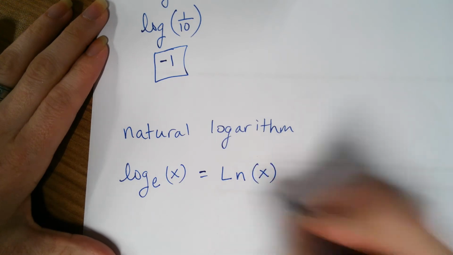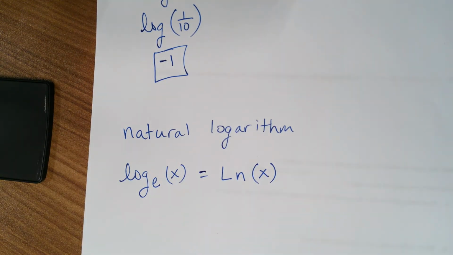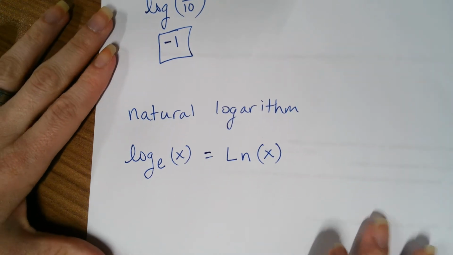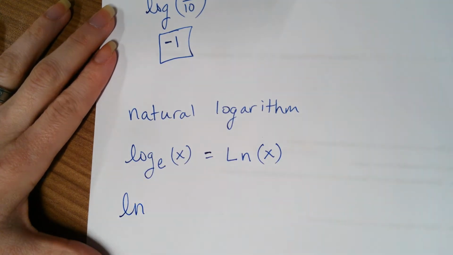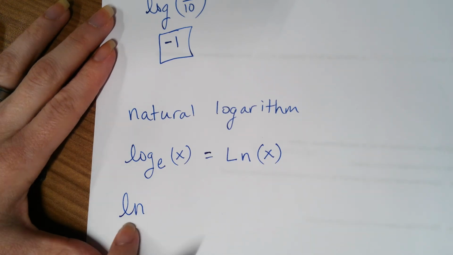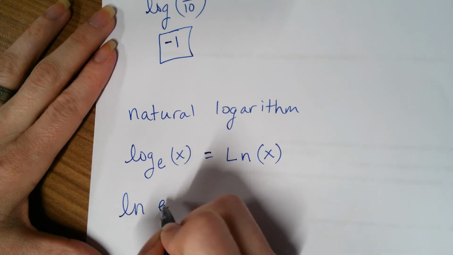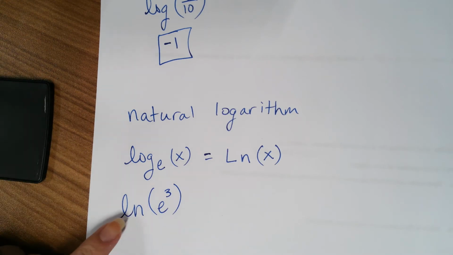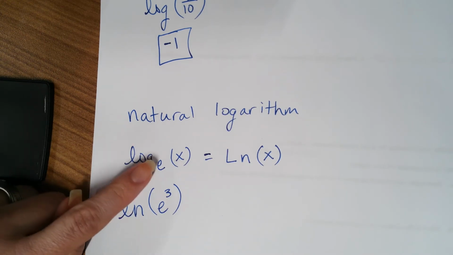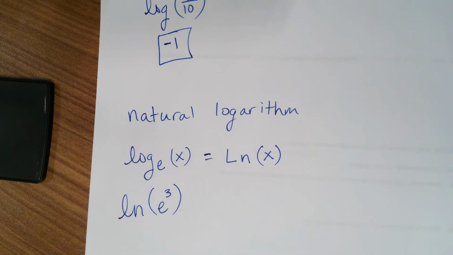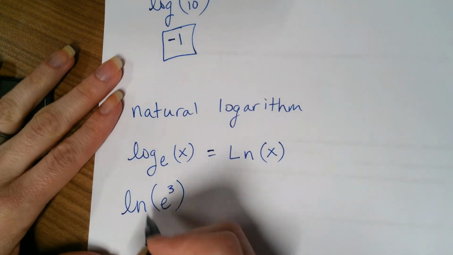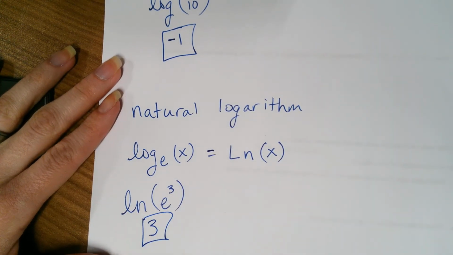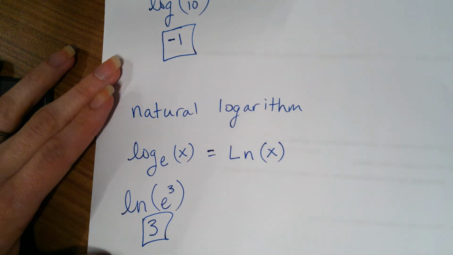This is actually ln of x, the natural log of x. And again, we can simplify some logarithmic expressions with that base. So this is how I write ln. So let's say we have ln of e to the third. So recognizing this is the natural log, I know the base is e, and again I can ask myself, e to what power would be e to the third power? And hopefully we know that would be 3. E to what power gives me e to the third power? It would have to be 3.